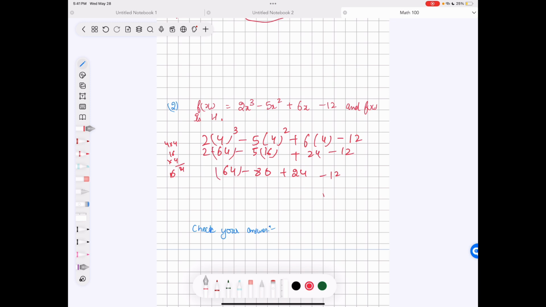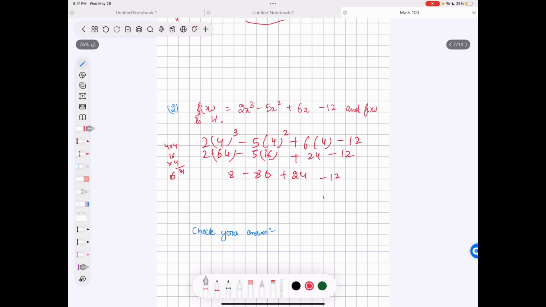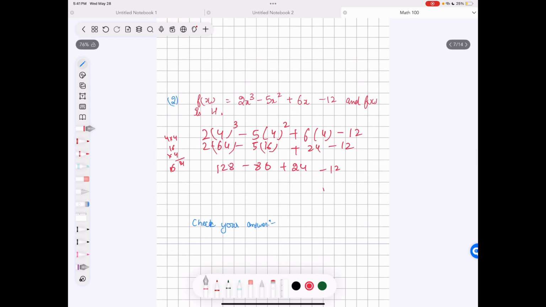So if we multiply 2 into 64, it's going to be 128, I guess. So now we're going to do 24 minus 12. We get plus 12. And then 128 minus 80 would give us 48.